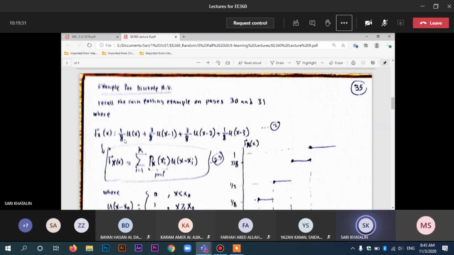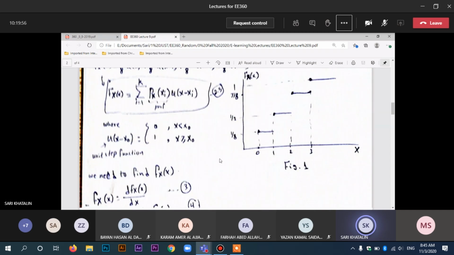The first point, when x is equal to 0, was 1/8 times u of x. The second one, 3/8 times u of x minus 1, shifted to the right, and the other one shifted to the right again by 1 point. And the third one, 1/8, shifted to the right again by 1 point.